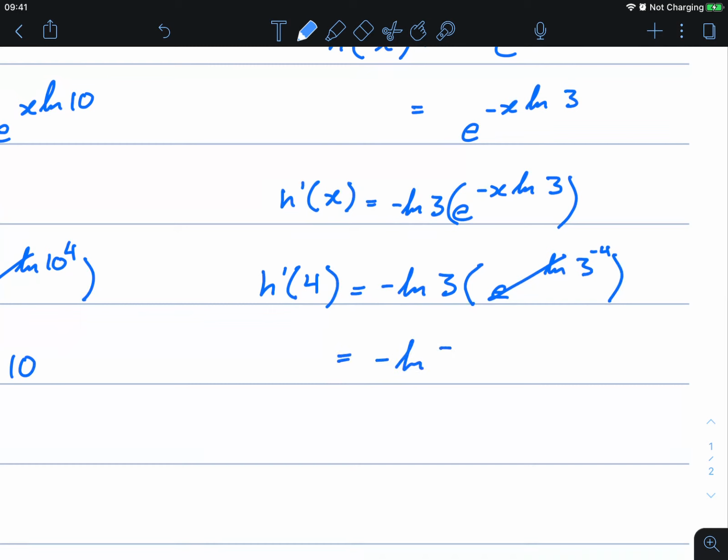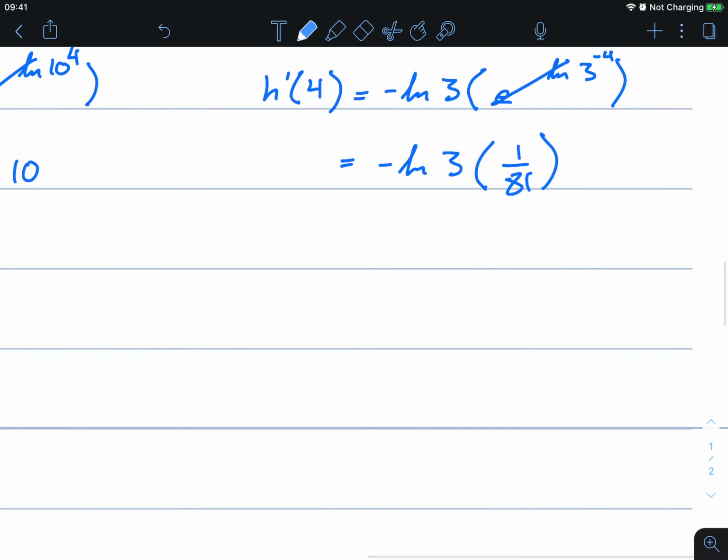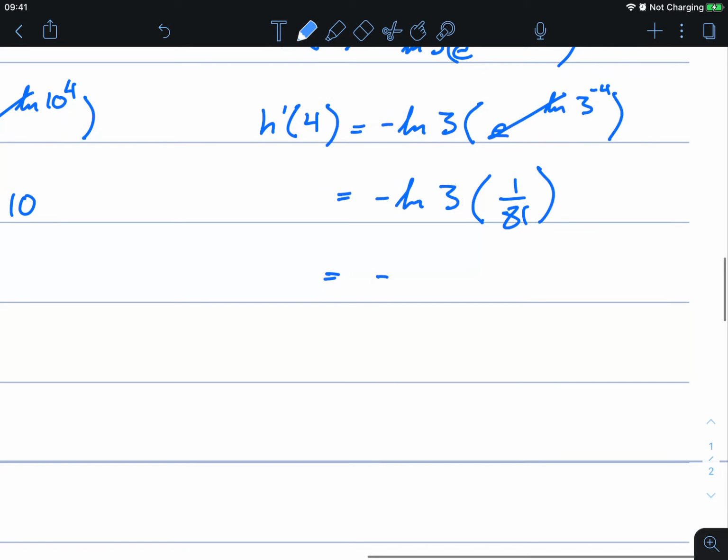Negative natural log of 3 times 3 to the power of negative 4. I'm just going to grab a calculator for that. 3 to the power of negative 4 is 1 on 81. Simplifying this becomes negative ln 3 over 81.